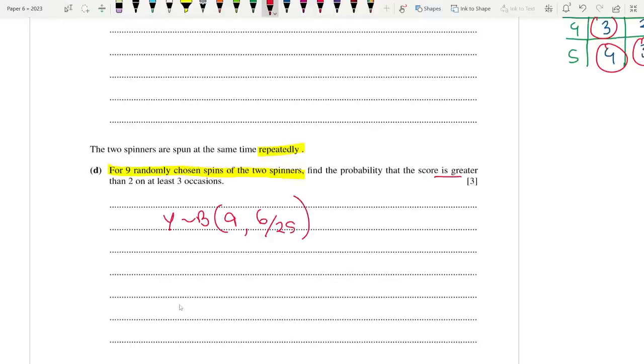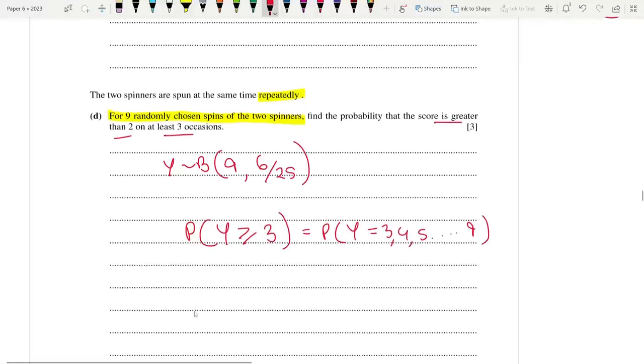Now the score has to be greater than 2 on at least 3 occasions. What does that mean? P(Y) has to be greater than or equal to 3, so 3 or more. This would entail Y equal to 3, 4, 5, 6, 7, 8, 9. It's really long, right?